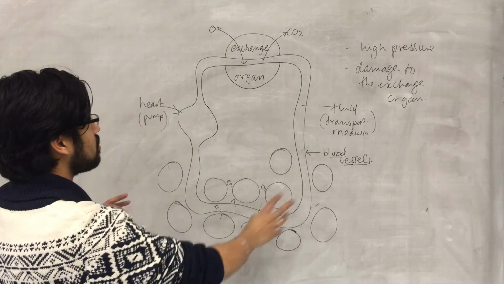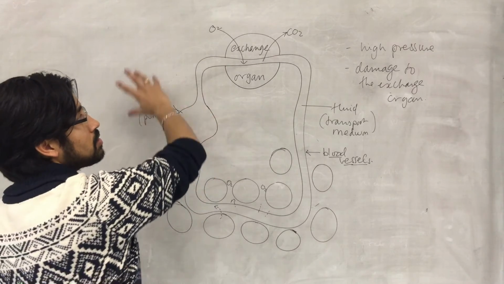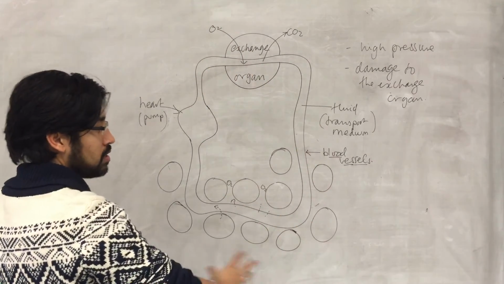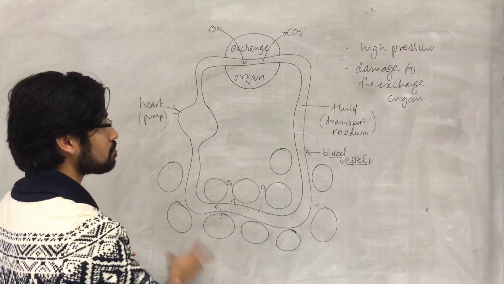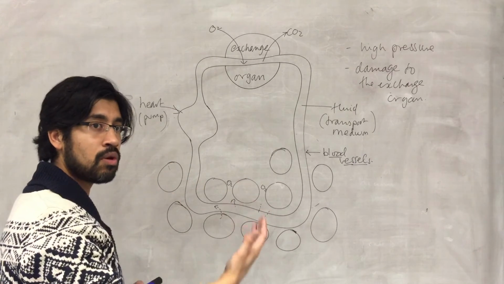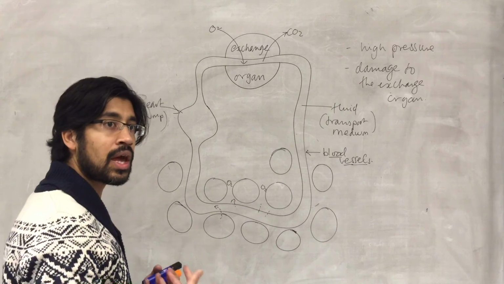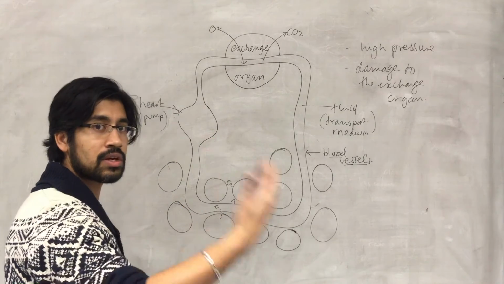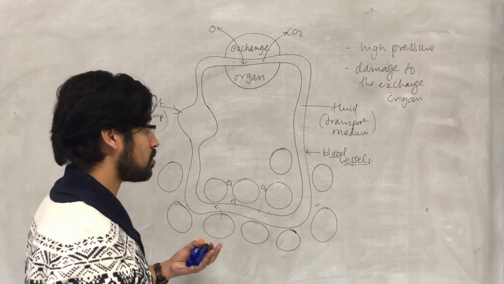So the double circulatory system has a separate circulation at a lower pressure to the exchange organ, and then at a much higher pressure for the rest of the body to supply the oxygenated blood. And in this way, you can allow organisms to evolve that have much greater energy demands and have a greater capacity to develop things like an advanced nervous system, muscular movement, and so on.